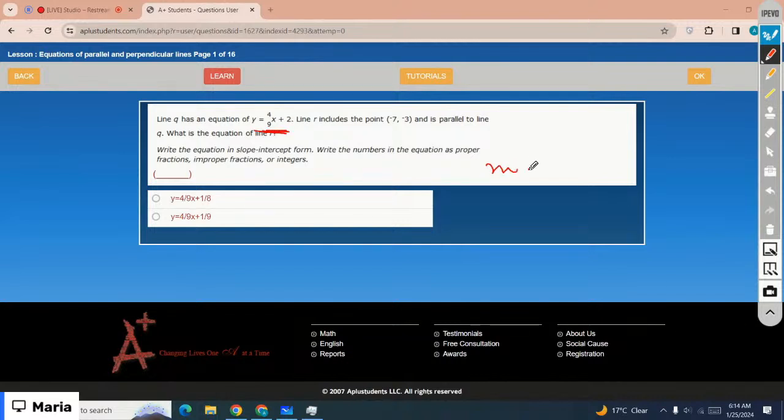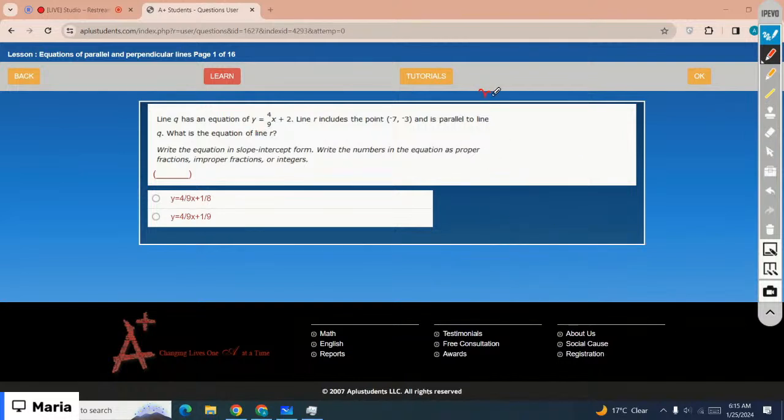So the slope of line Q is 4 over 9 and the y-intercept of line Q is 2, right? Because the lines are parallel, they have exactly the same slope. So line R also has a slope of 4 over 9. You have to find just the value of b. How do we find b?